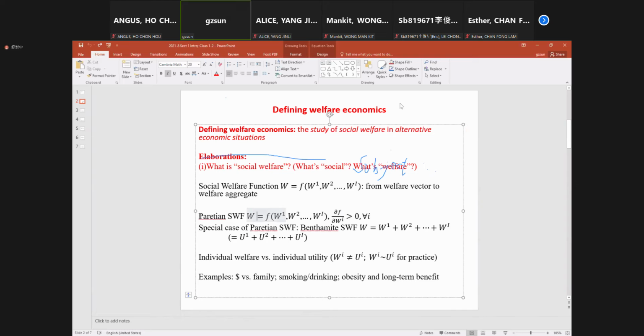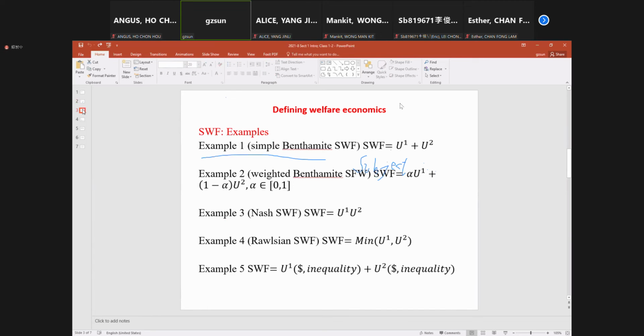And let's focus on this class of social welfare function and see what we can learn about it. Here, let's give some examples.